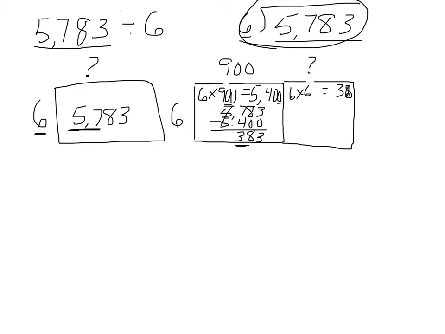But I didn't have 38, I had 383. So in order to make 360, since this is 36, I'm going to have to do 6 times 60 makes 360. And so I know my question mark is now 60.